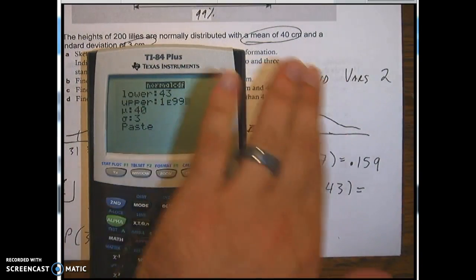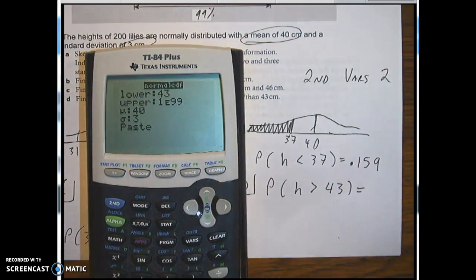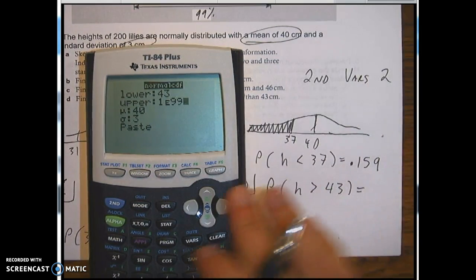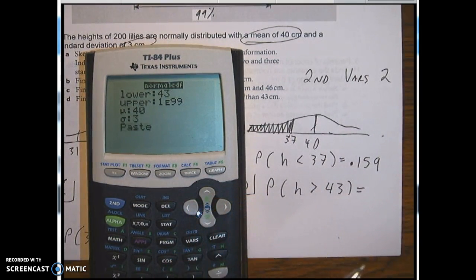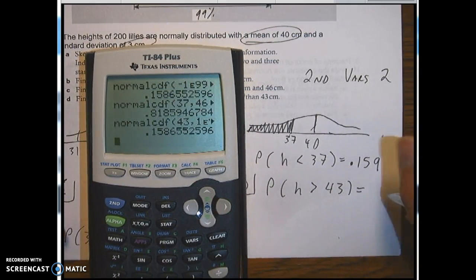So if I was to show you on this curve, 43 is right here, and we want all the stuff to the right, because greater than. So that's positive infinity all the way over here. Mean and standard deviation are the same. The probability of that happening is about 0.159.